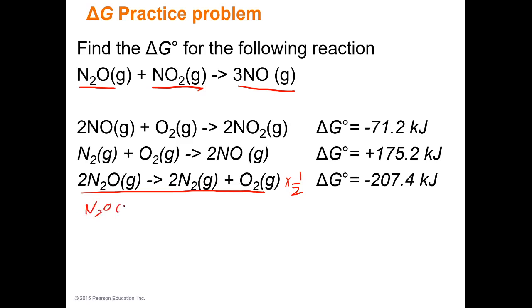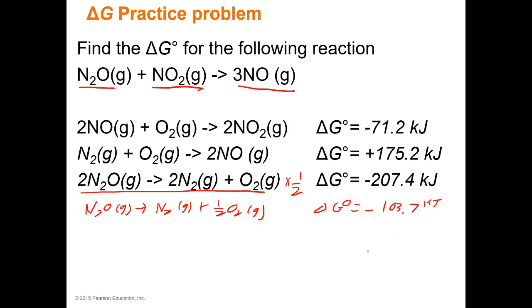So we'll have N2O gas reacts to form N2 gas plus half an oxygen. When we do that, we also have to half the delta G. It's still negative because we didn't change sides, but I have 207.4, and I'm multiplying by a half or dividing by 2, both the same thing, and I get 103.7 kilojoules.